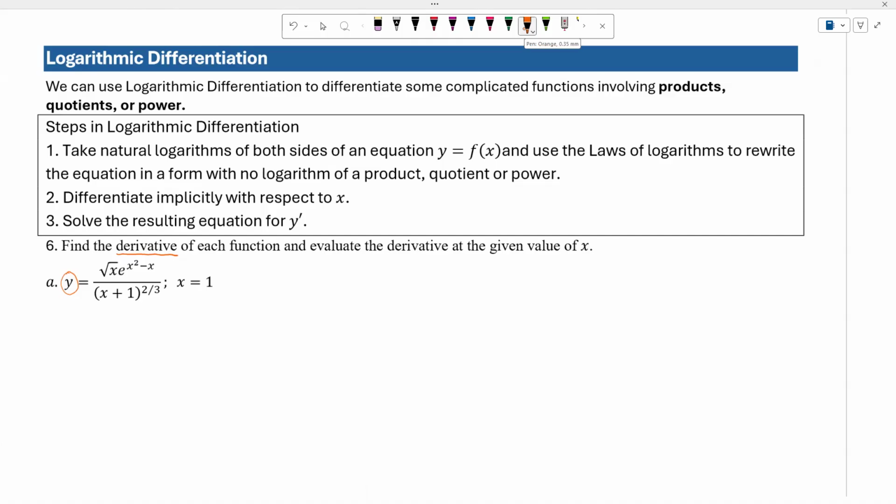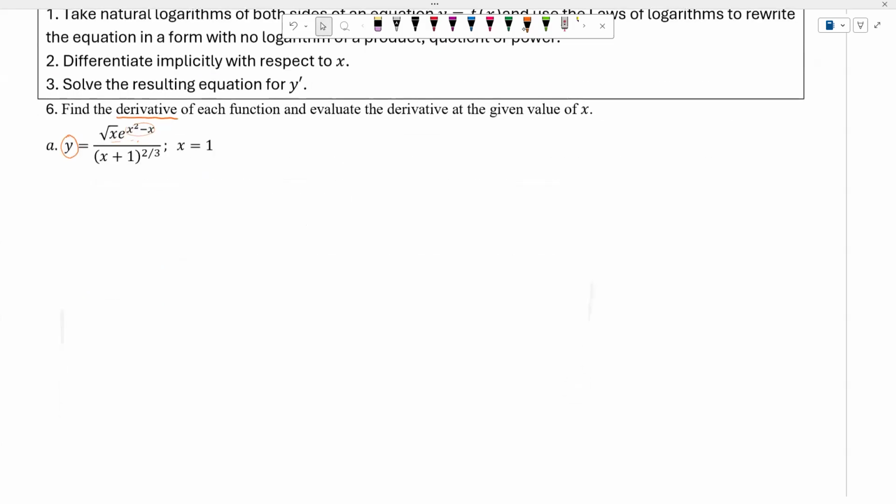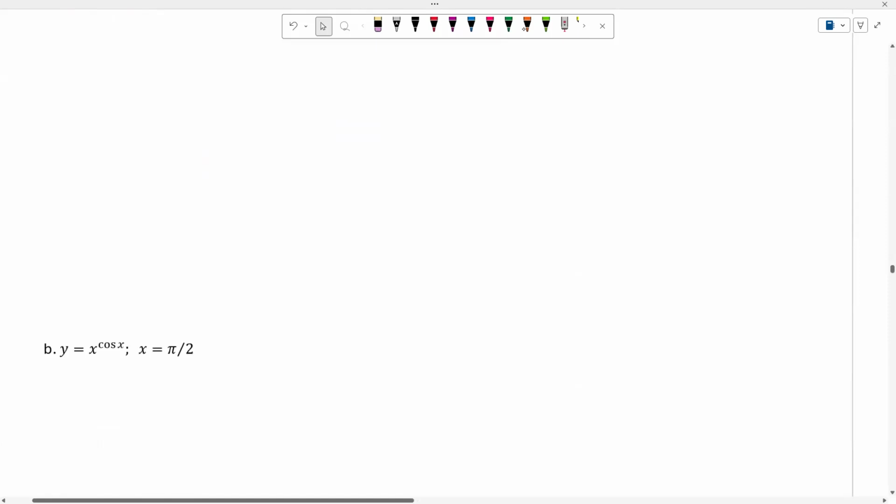And after I use the quotient rule, here I have a product, so I need to use a product rule, plus the chain rule. So it actually involves a lot of technique. Is there a way to simplify the process, to make the problem a little bit easier to help us find the derivative y prime, or for a situation like this one right here?